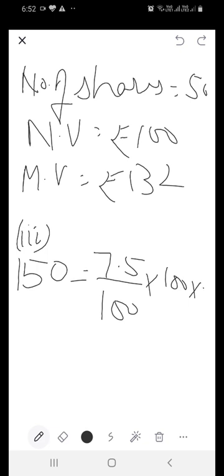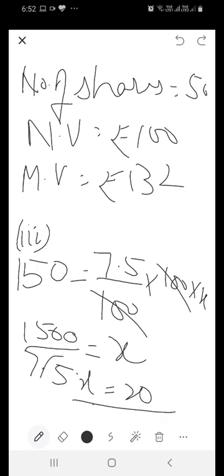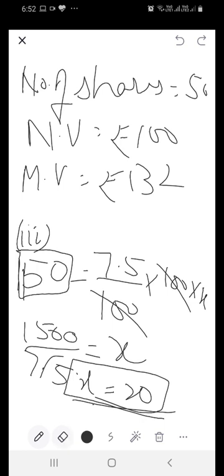I am taking it as X. So 100 cancels out. 150 upon 7.5 is equal to X, and when you remove the decimal, X comes out to be 20. So extra shares which he has to buy is 20 in order to get an increase in his dividend by 150. So this is the 5th question which I have solved.